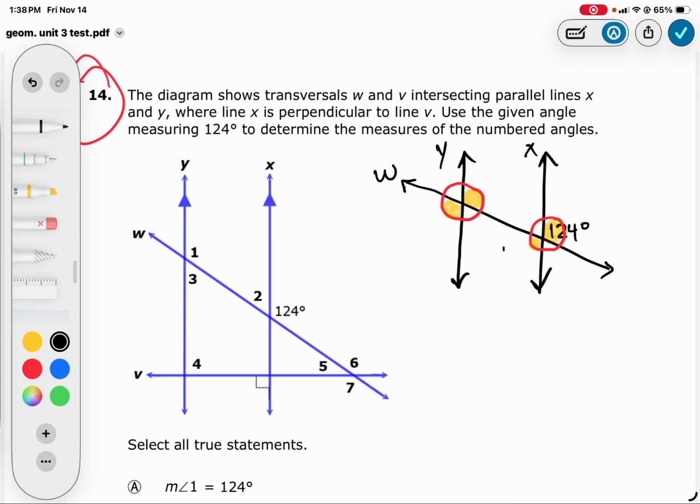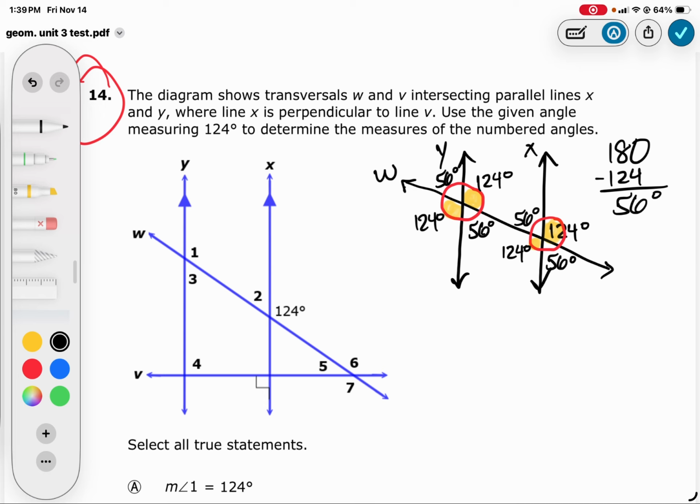So I can put 124 degrees here, here, and there. If I want to find the empty spaces, I just do 180 minus 124. That's going to give me 56 degrees. So I know all these other empty spaces are 56 degrees.